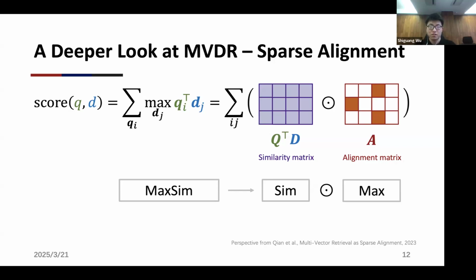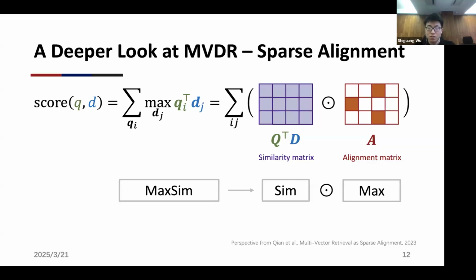So we get a matrix of all the scores of the pairs, and we can also have another matrix called the alignment matrix, which determines which pairs contribute to the final score.